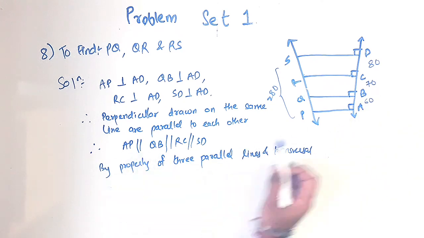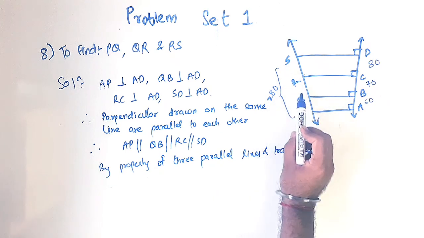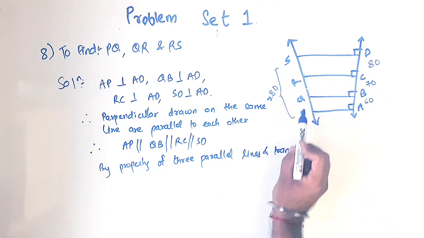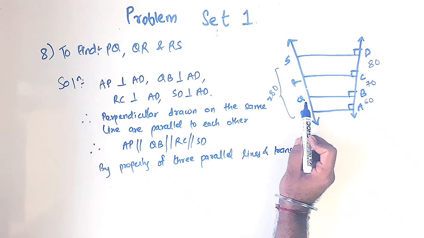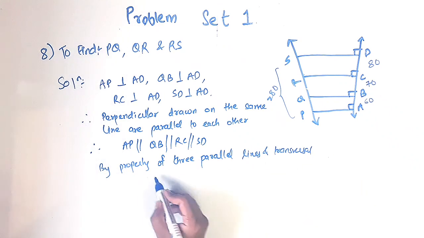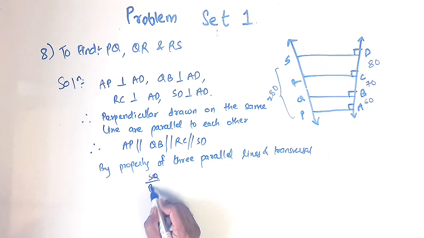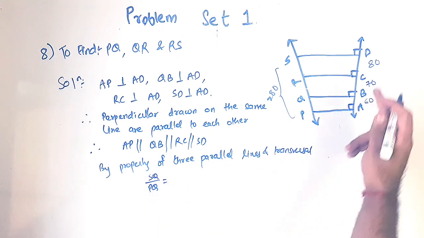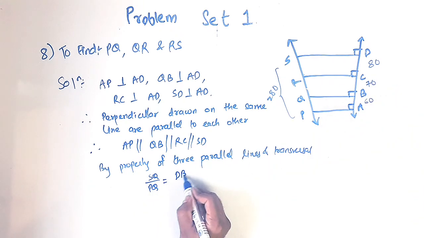I'll select this first because we have to find these three intercepts, so we'll select any two. If I select PQ and QR, so it will be SQ upon PQ equals DB upon AB.